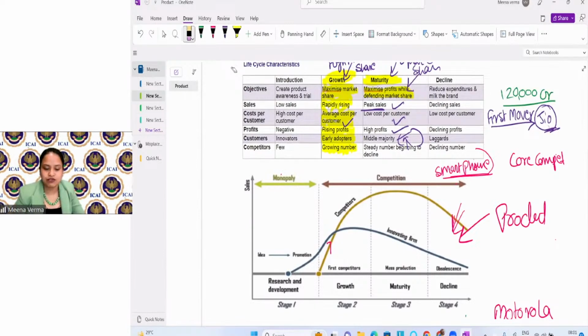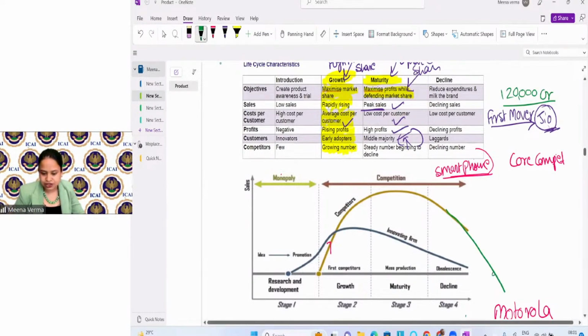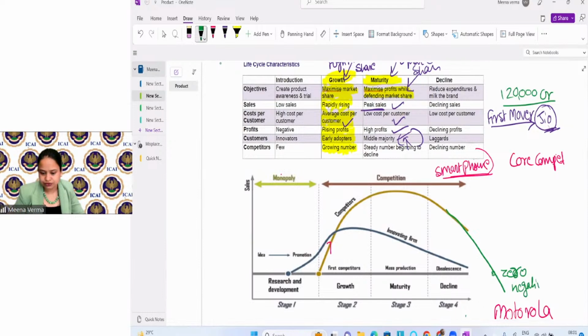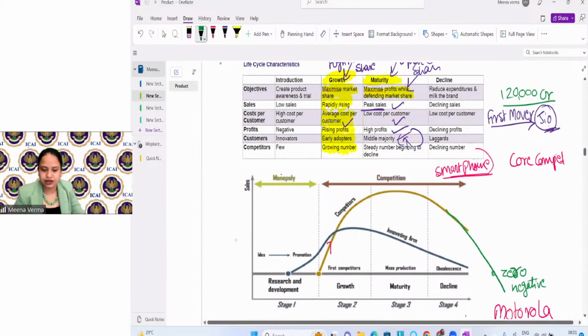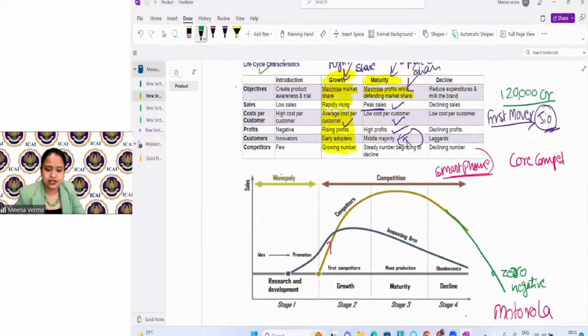The sale of the company will reduce, sometimes to zero or even negative. In this stage, the sale will decline. Right?